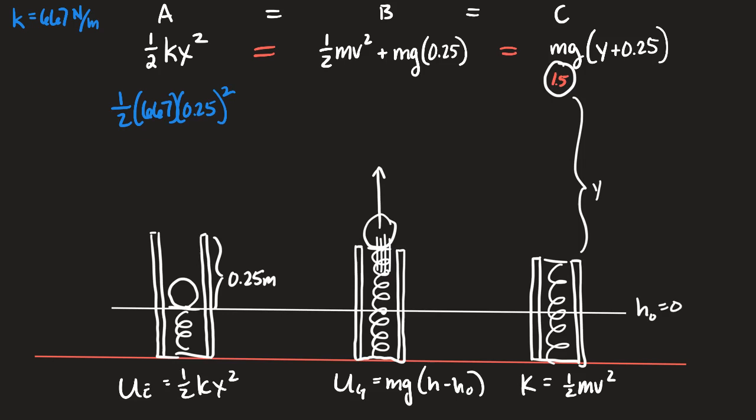If I wanted to know how fast the launcher was launching the ball, I would just need the mass of the ball. They tell me it's 1.5, so 1/2 times 1.5 v squared plus 1.5 times 9.8 times 0.25.